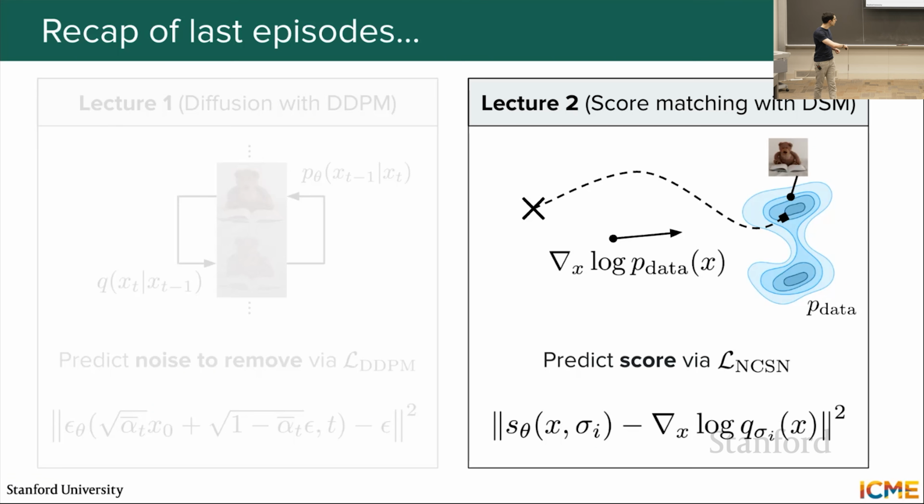So we ended up with a score function that was a function of the position in space, but also the noise level. And again, after doing some clever math, we also ended up with an L2 regression loss, which was quite easy to compute.